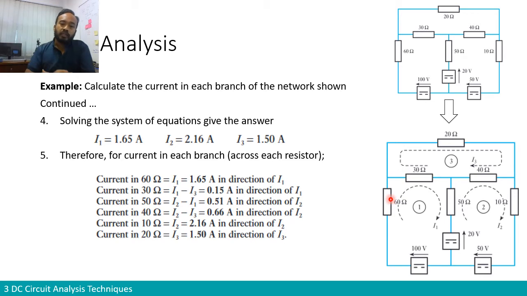The question you might ask is, is it necessary to assign the direction of current following clockwise? The answer is no. You can assign any direction you wish, and it can even be non-uniform. For example, you can do loop 1 clockwise but loop 2 counterclockwise.